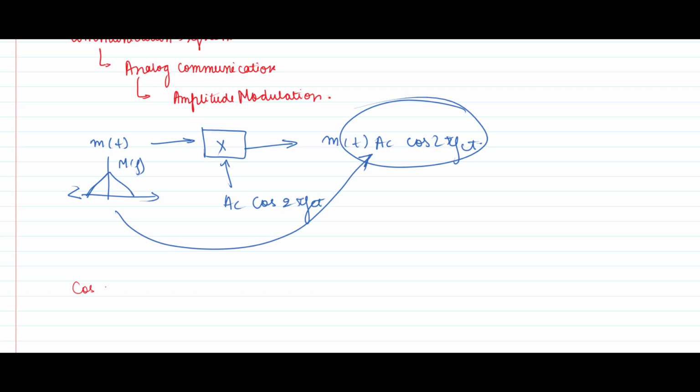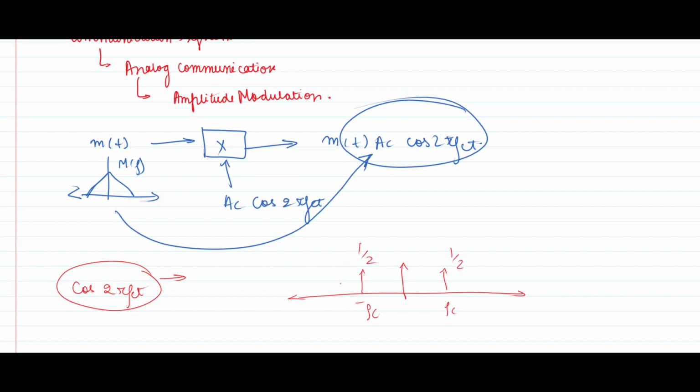If you have a signal cos 2 pi fct, do you know how to represent its Fourier transform? In Fourier transform, this is represented by impulses at plus fc and at minus fc. This is its Fourier transform. It is simple. Only two impulses, and the amplitude is 1 by 2.